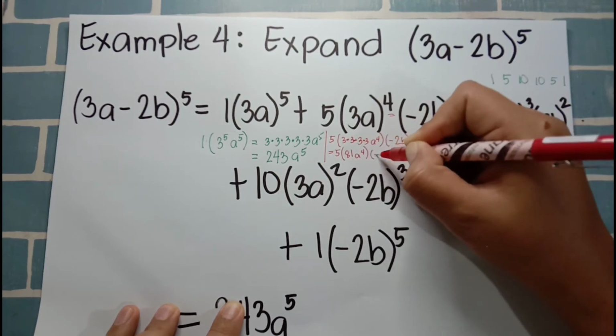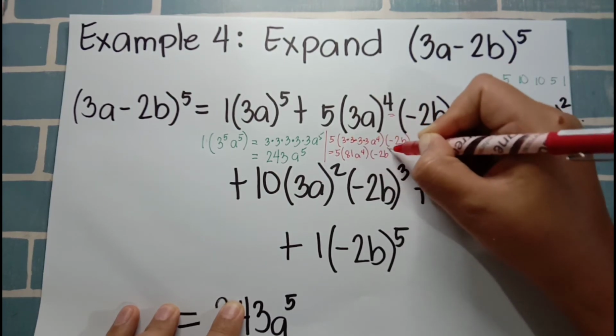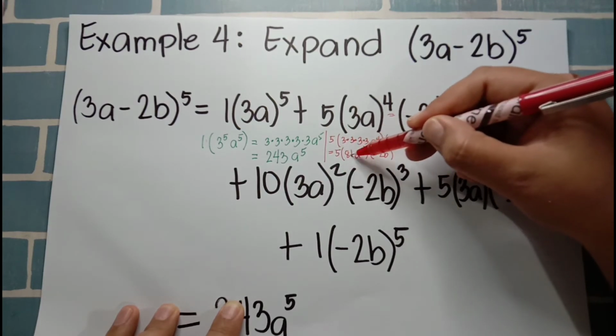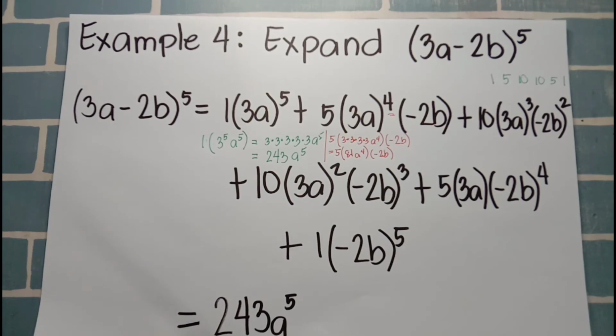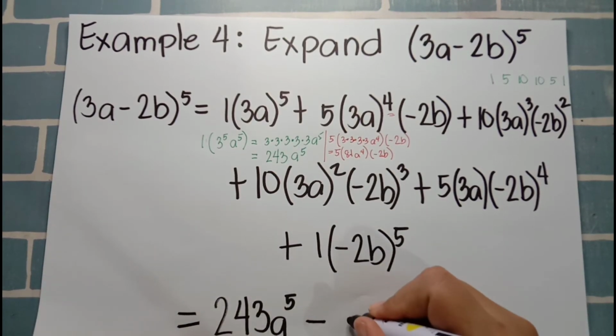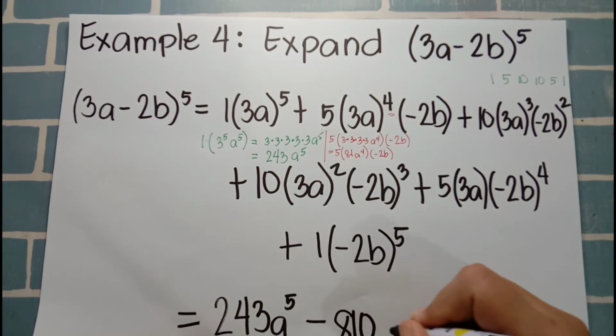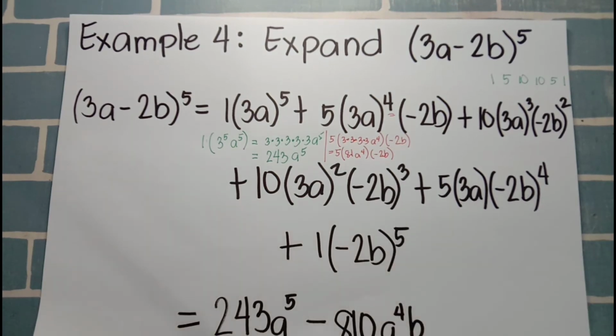A to the 4th power times negative 2b. So, huwag kakalimutan yung mga terms. So, 5 times 81 times negative 2b is negative 810 a to the 4th power b.